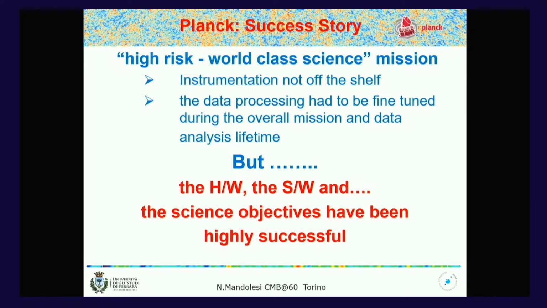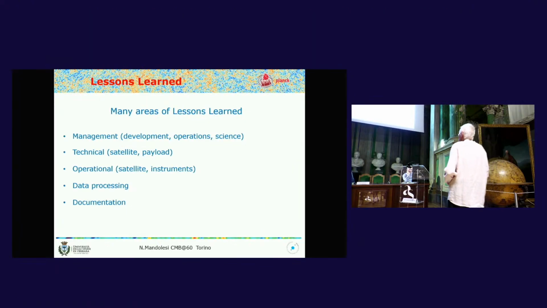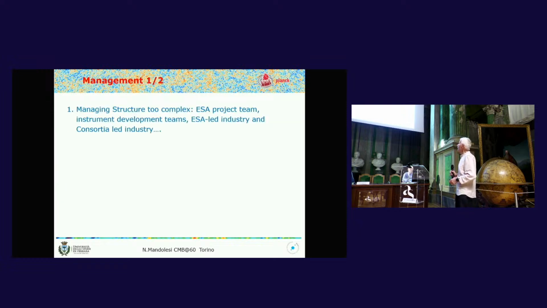But at the end, hardware and software were done successfully, as well as successful were the results, the objectives. Okay, there are many areas of lessons learned: management, development, operation, science, technical, operational, data processing, and documentation. Let me go one by one.